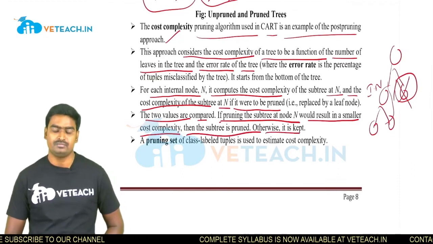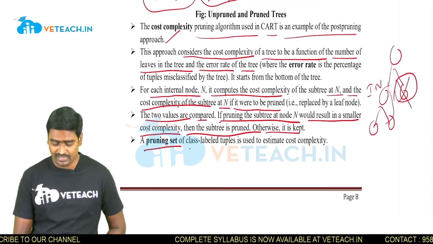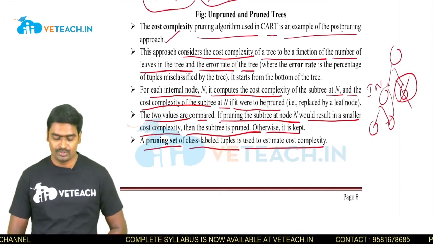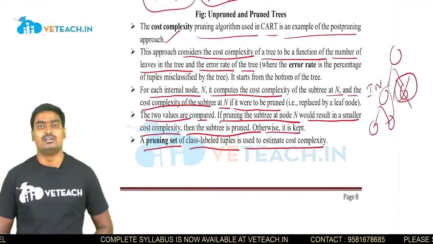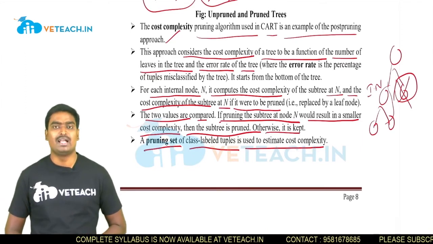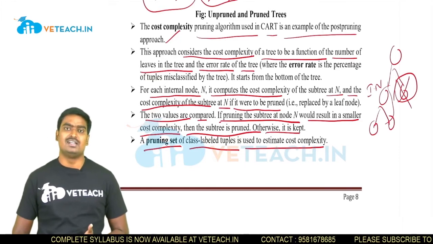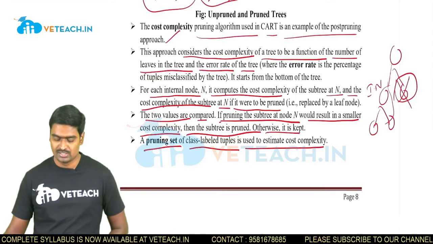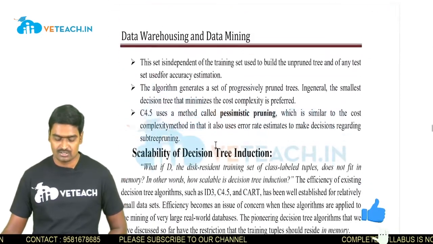Now a pruning set of class label tuples is used to estimate the cost complexity. So what is the pruning set? After the pruning is applied, we have to get the final resultant tree. So that resultant tree is called what? The pruning set of class label tuples is used to estimate the cost complexity.